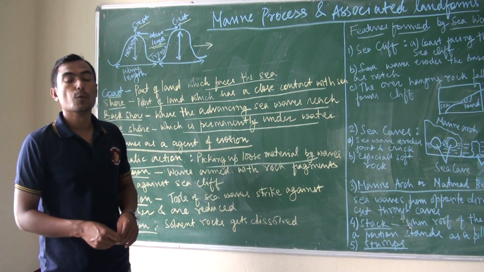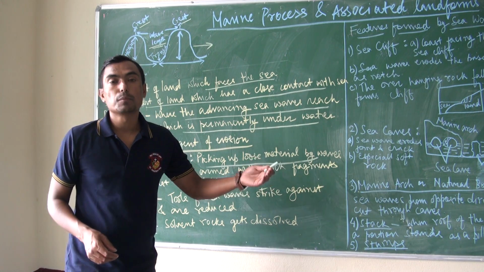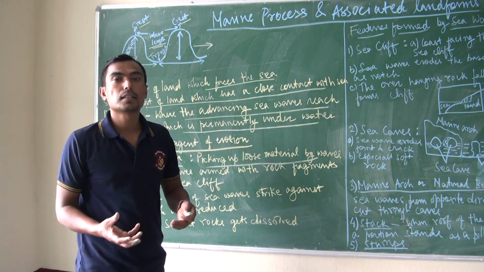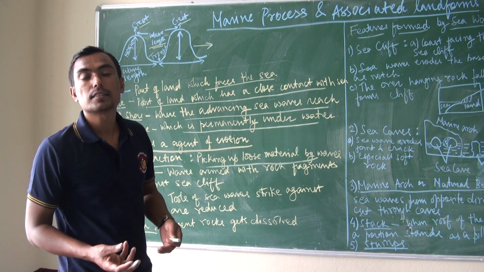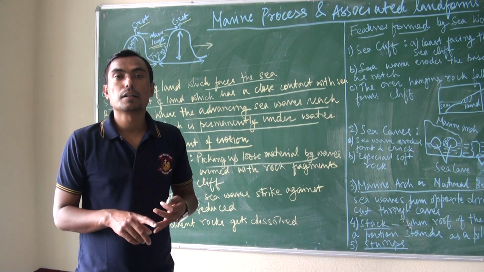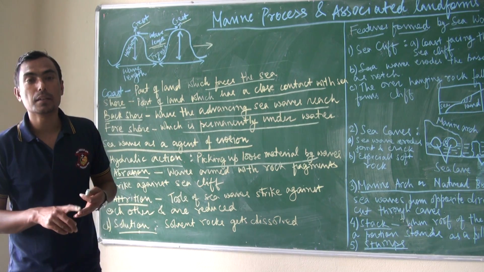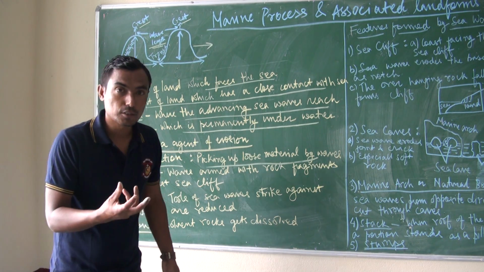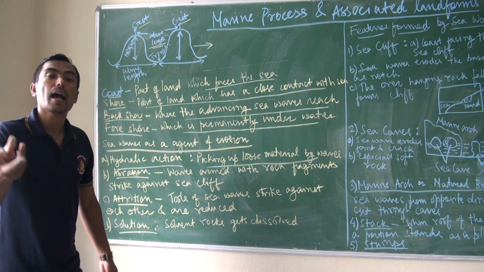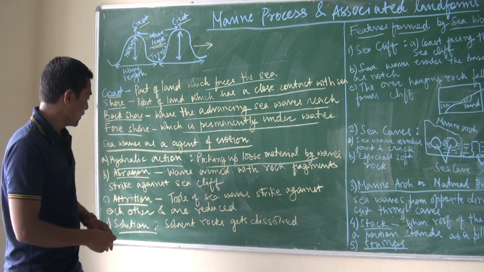Whenever the sea wave moves from the ocean or sea towards the land, it picks up fine loose particles, which may be sand, smaller pebbles, or bigger boulders of rocks, depending upon the velocity or the speed of the wind and the sea wave.